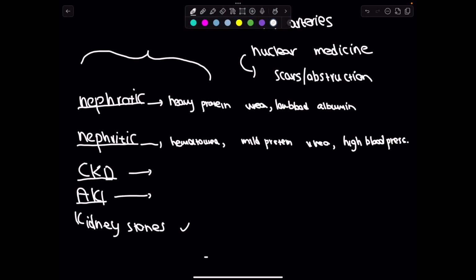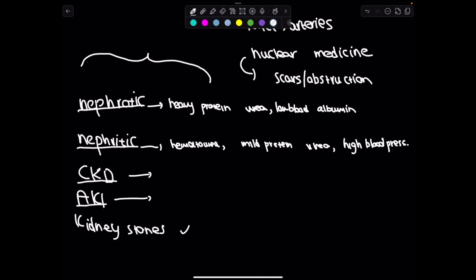Think overflow of protein. Nephritic with the I suggests inflammation, as in nephritis, pointing to the inflamed glomerulus causing blood in urine, high blood pressure, and less protein leakage. The single letter difference isn't directly about specific traits, but reflects historical naming to separate non-inflammatory nephrotic from inflammatory nephritic.